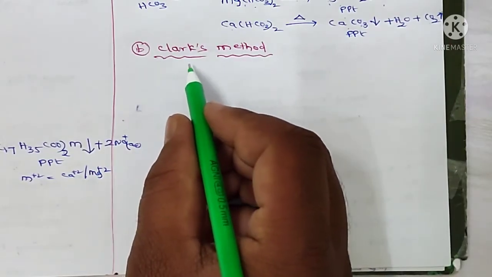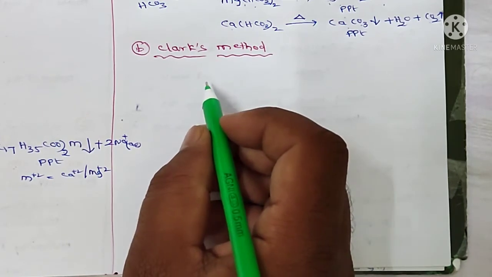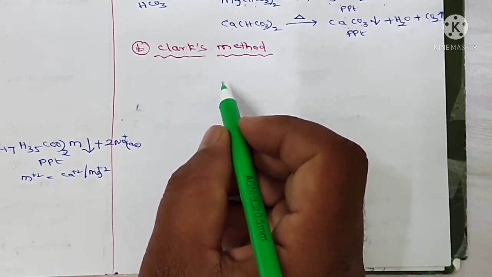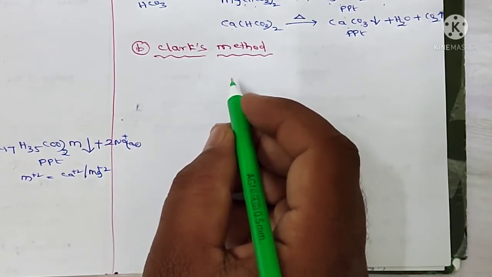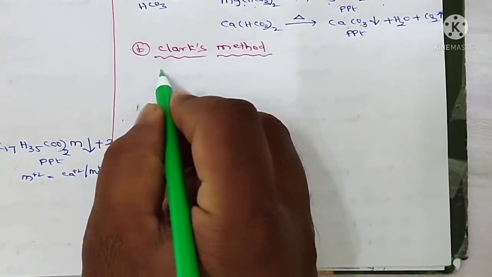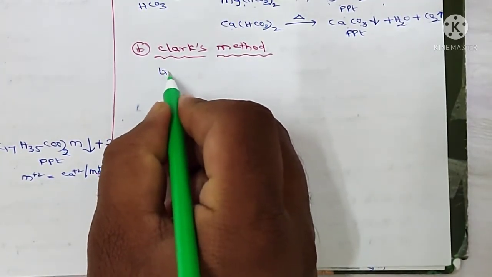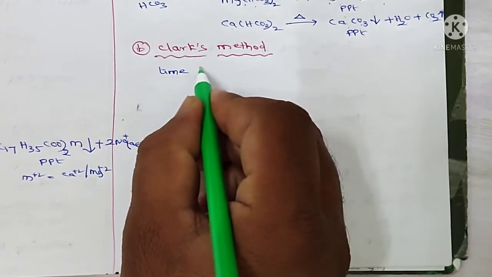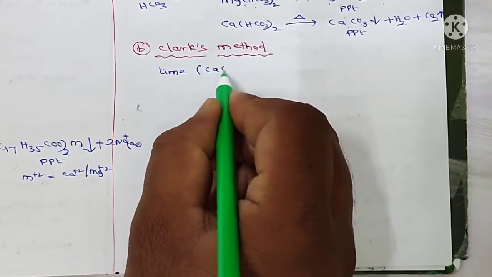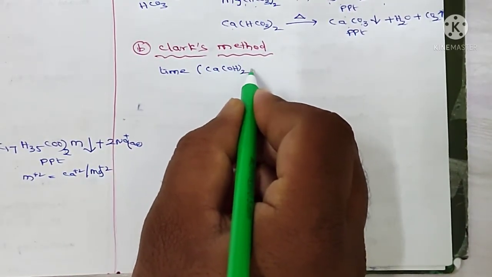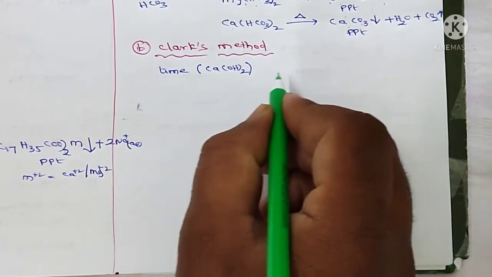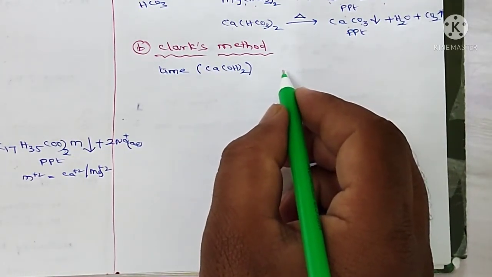Next, second one, Clark's method. In this method, lime is added to the hard water. Lime means calcium hydroxide, the formula is Ca(OH)2. So this calcium hydroxide is added to the hard water.